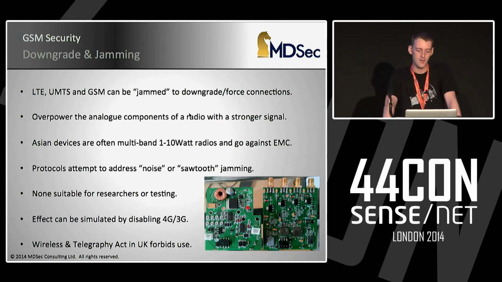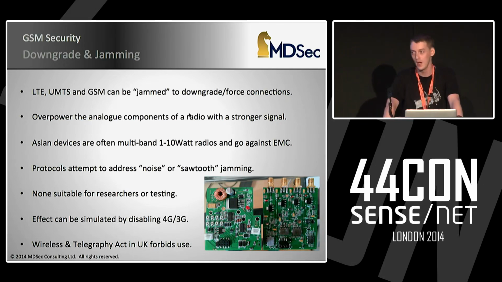And from what I looked at in terms of these jammers, there aren't really any that are suitable for researchers or testing purposes. If you want to simulate their use, you can just disable the 4G and 3G, because the Wireless Telegraphy Act in the UK would really forbid the use of these. The devices themselves are not really designed for electromagnetic compatibility.